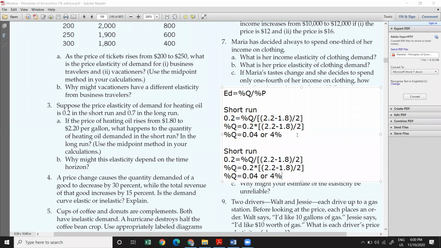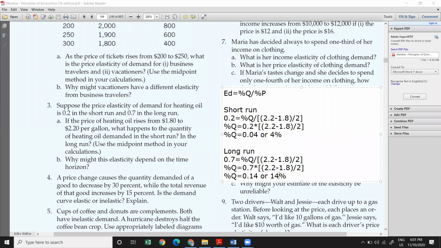And in the long run, which is 0.7, if you calculate, you'll get 0.14, which is 14%.